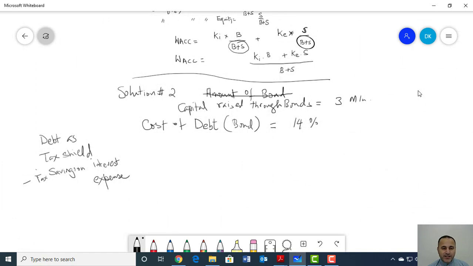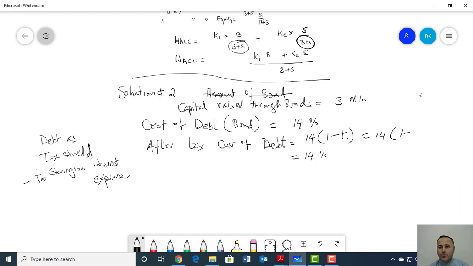So the after-tax cost of debt: if 40% is the tax rate, then the effective cost of debt is 14% multiplied by 1 minus 0.4.